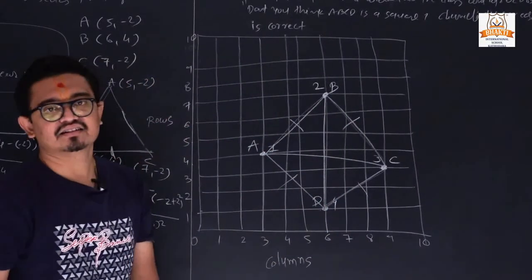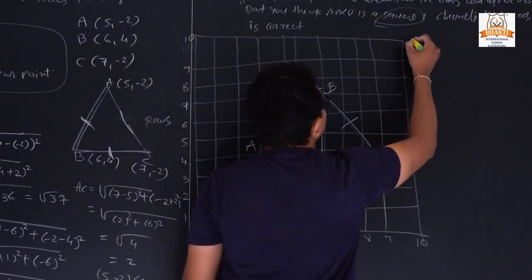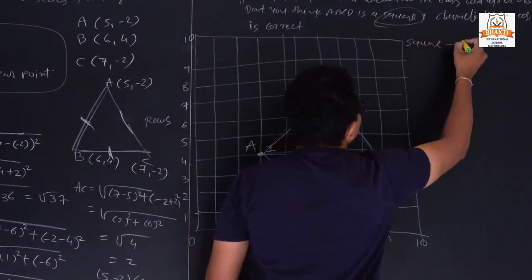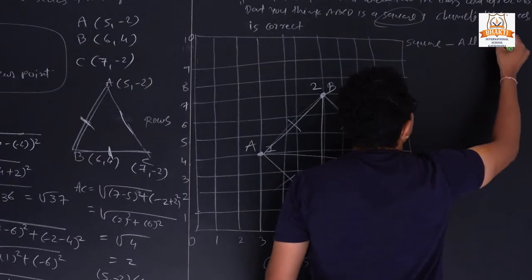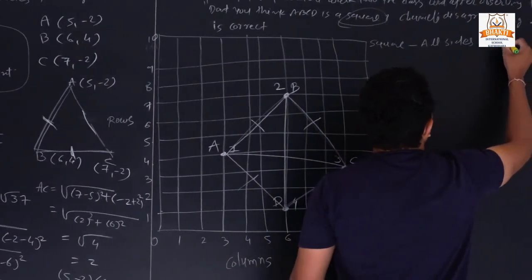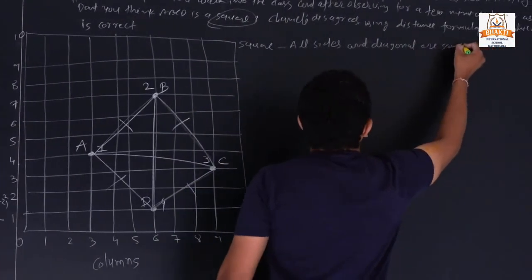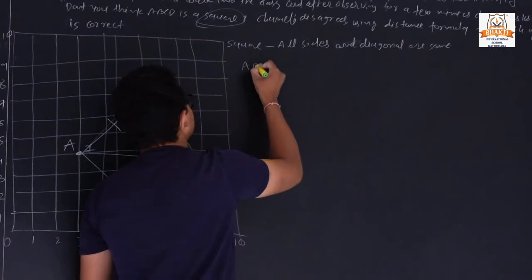Clear? What is the property of square? All sides and diagonals are same. So first of all we can find AB.